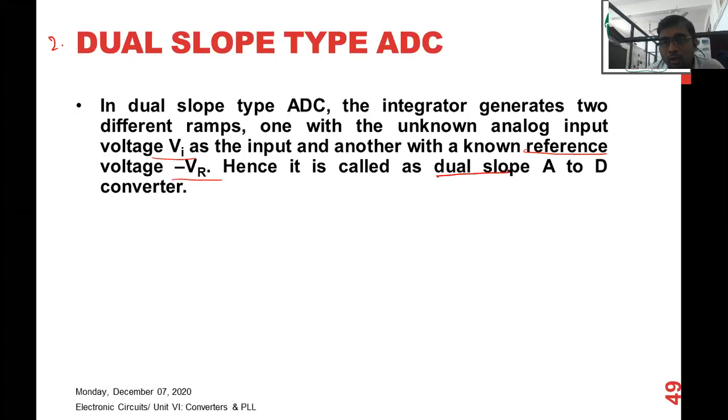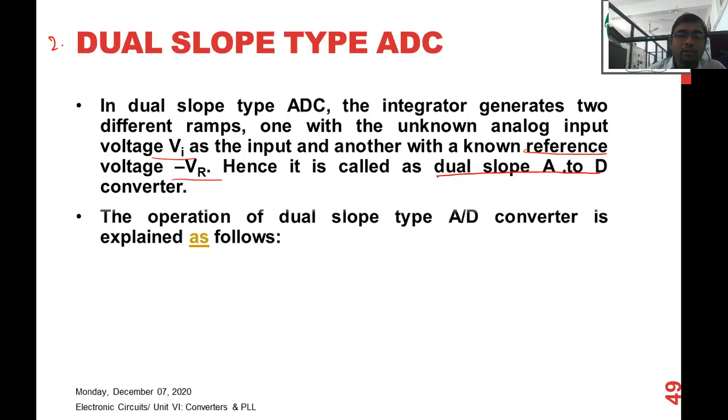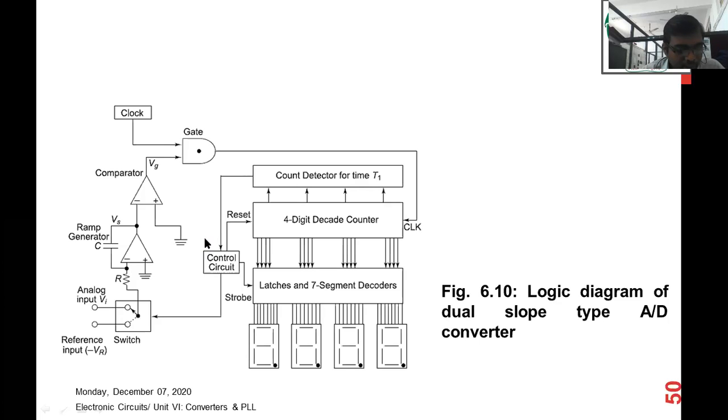Hence, it is called the dual slope analog to digital converter. The operation of the dual slope A to D converter can be explained with the help of this diagram. You can see here the logic diagram of the dual slope A to D converter. Everyone please note it down.